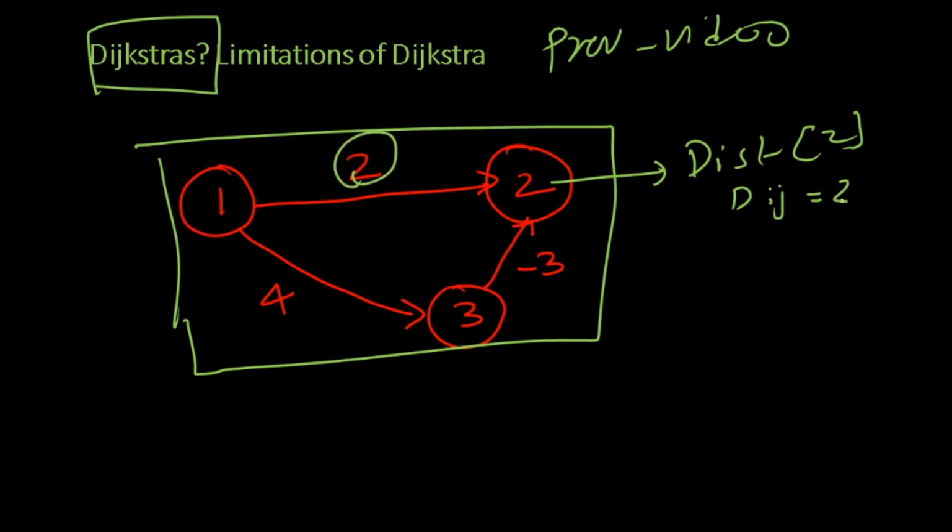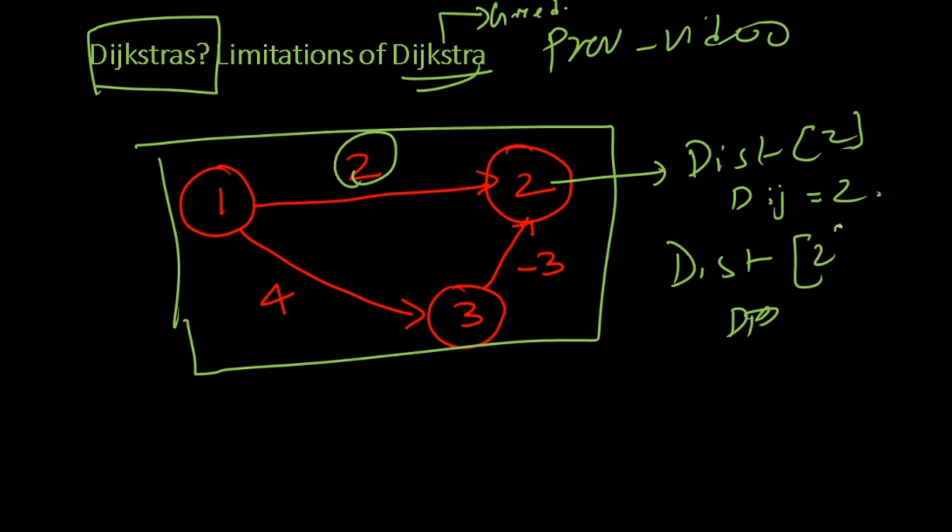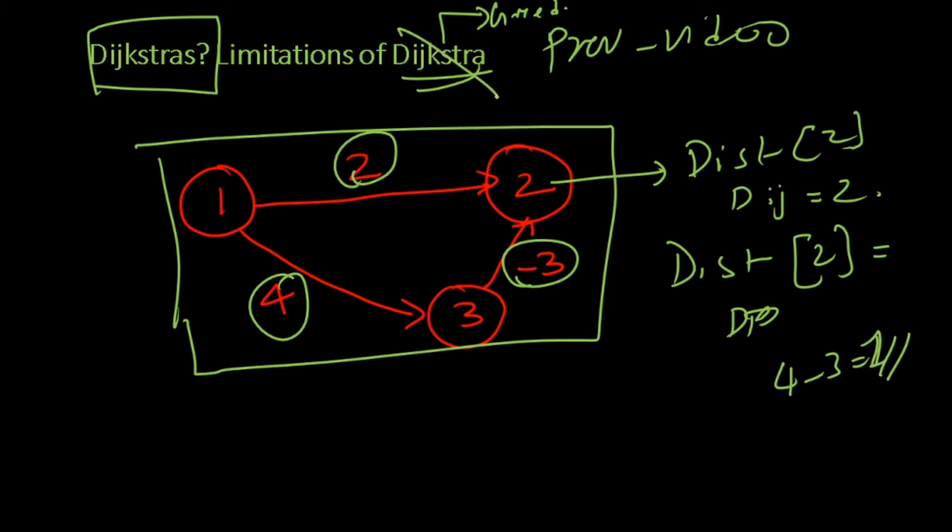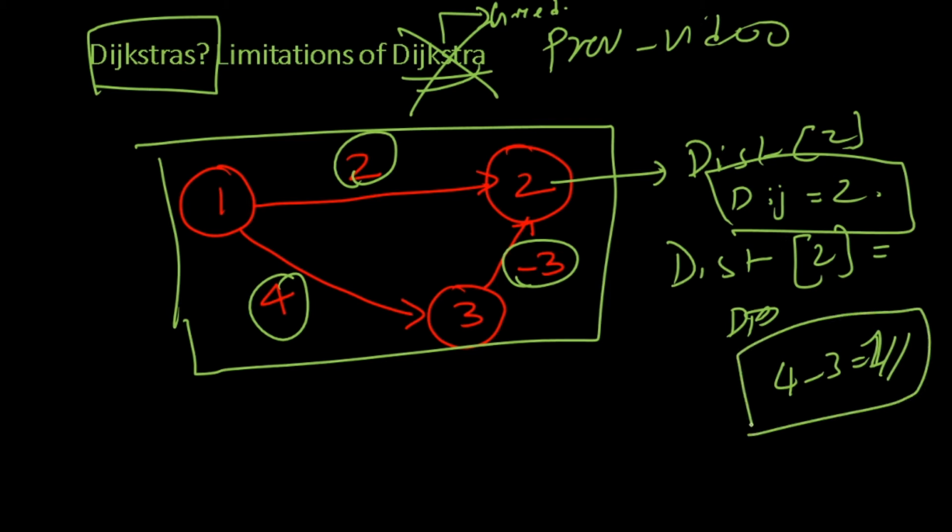But with dynamic programming, note Dijkstra's is a greedy algorithm, if we found the answer to node 2, it is 4 and -3, which is equal to 1. So Dijkstra's will fail. We can't use Dijkstra's. Dijkstra's says the answer is 2, the actual answer is 1. So we need to use dynamic programming. And we have an algorithm to do that. So that's what this video is going to be about.